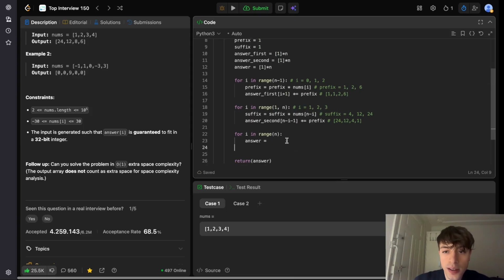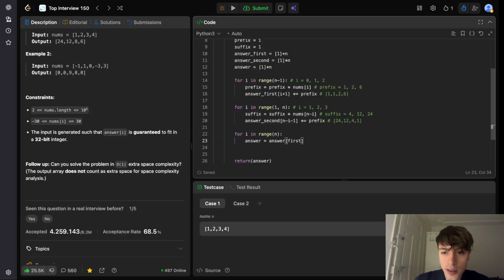All right. Let's say that answer now is equal to answer first i times answer second i, and we continue. We simply continue until the end, and we reach a solution, and this should return answer.